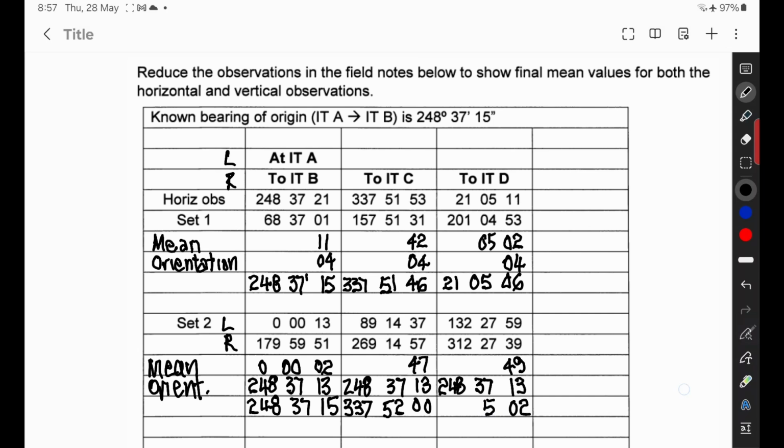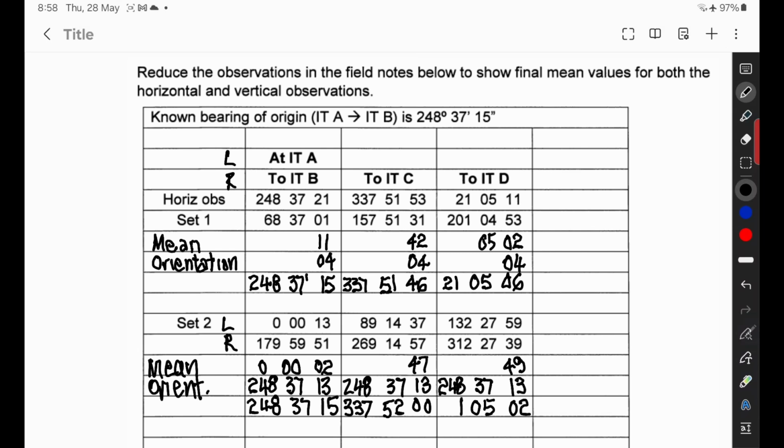Carry 1, 05. 9 and 2 is 11. 5 and 3 is 8.